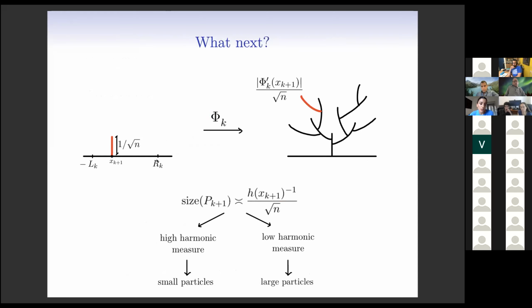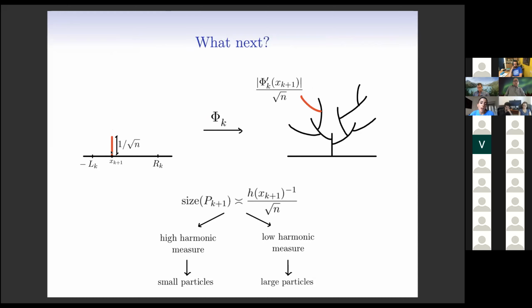This gives you a random interval. There you pick a uniform point, draw a slit of length 1 over square root of n, and then map it back on the actual cluster. So this slit is deformed by this map phi k, which grows back the previously arrived particles. And one could ask, how much does it get deformed?